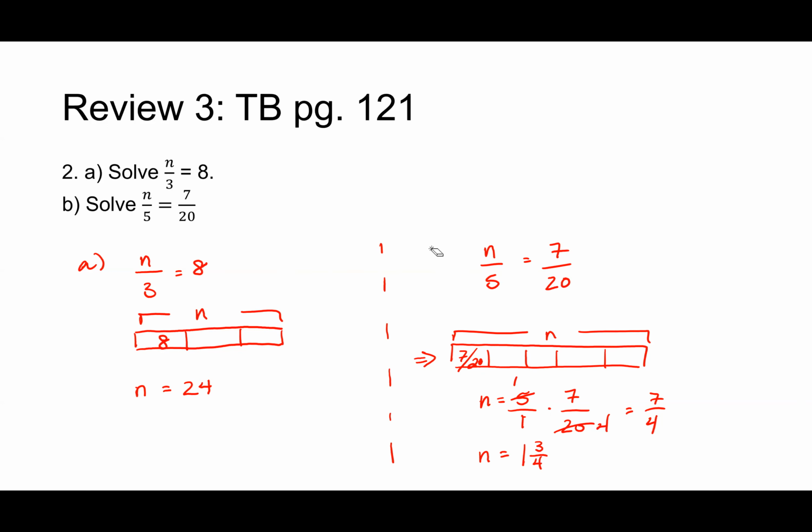The way we could do that procedurally, as an algorithm, is to multiply both sides by the reciprocal. These would have cross canceled and I would have had n by myself, and n would have equaled the same thing, obviously. Okay.